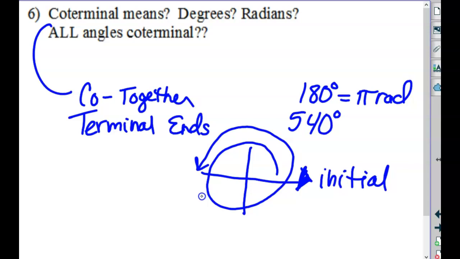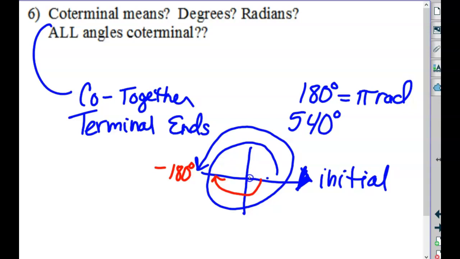I think I added that right. Okay. So 540 is coterminal with 180. Make sense? There are also negative names. So I could go this way and call this negative 180 degrees, or I could go all the way around again and call it negative 540.